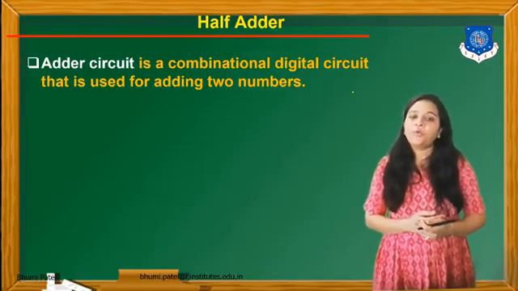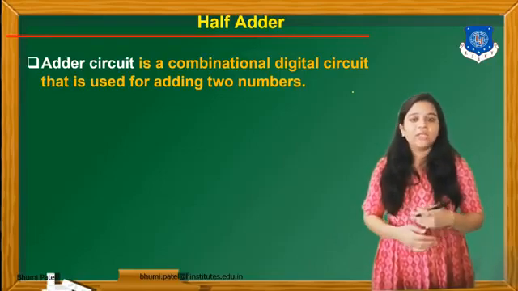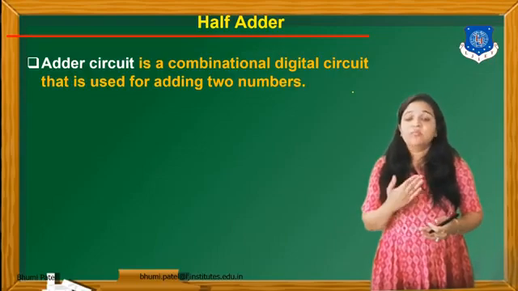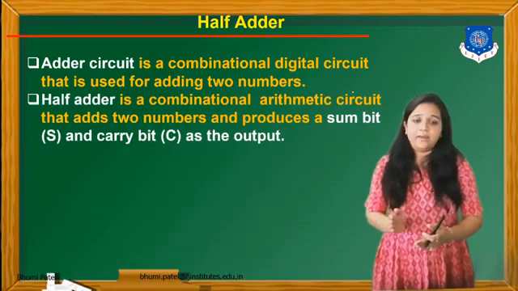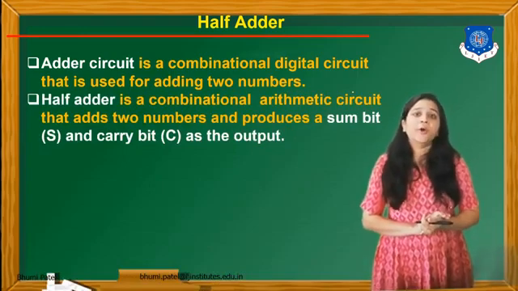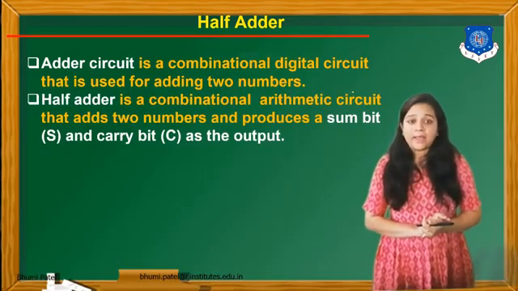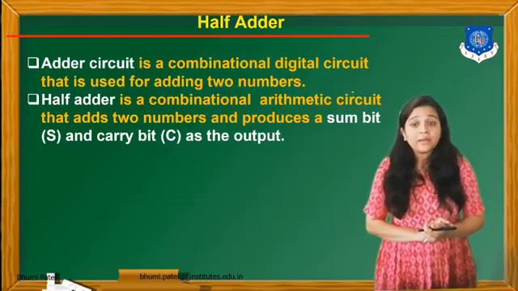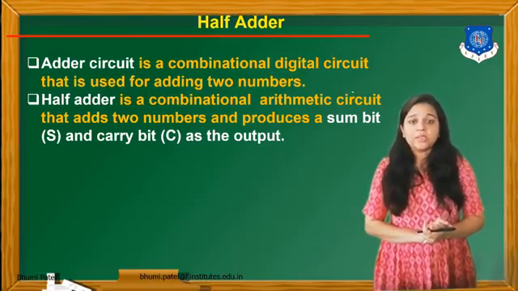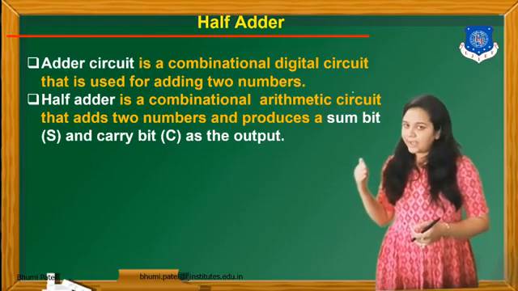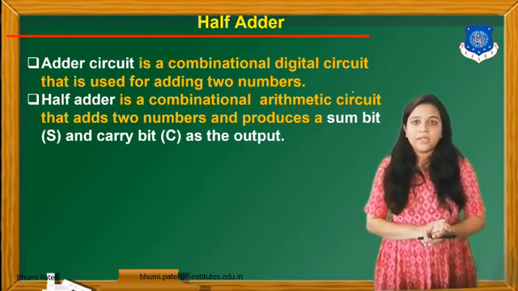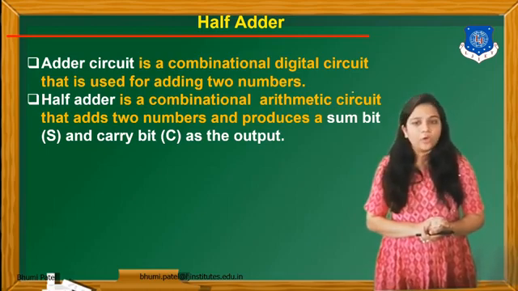If we want to add two numbers using logic gates, at that time we can use an adder circuit. Now a half adder is a combinational arithmetic circuit that adds two numbers and produces a sum bit, called S, and a carry bit, C, as the output.